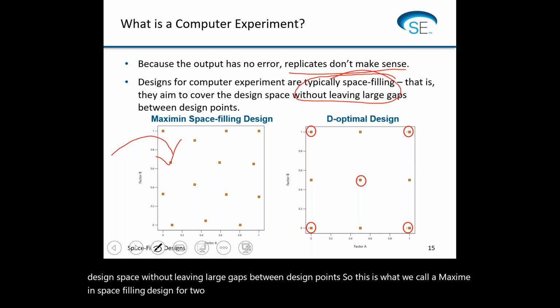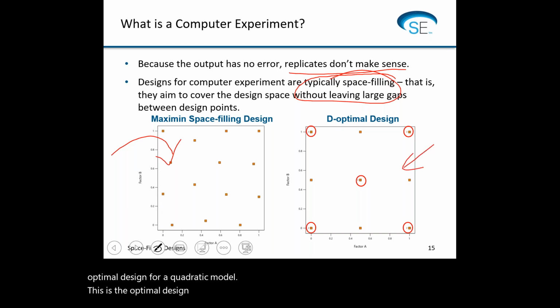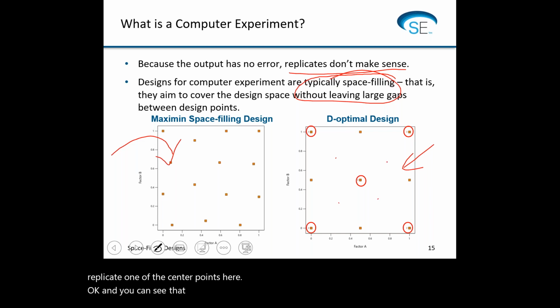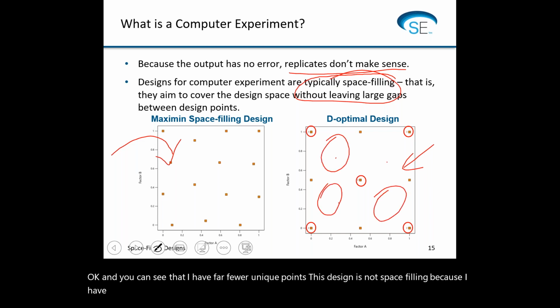If I were to build the same design as an optimal design for a quadratic model, this is the D-optimal design. You see that it's optimal to replicate the corners and one of the center points, and I have far fewer unique points. This design is not space filling because of these enormous gaps between the middle and the corners.